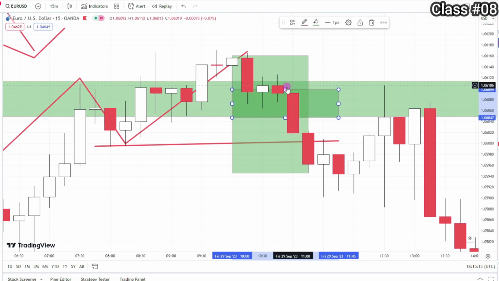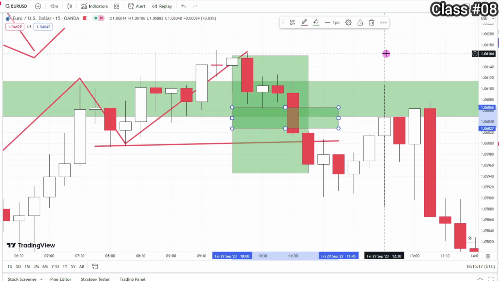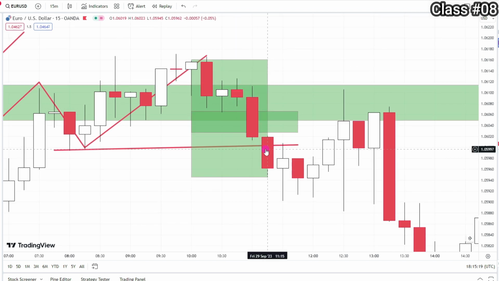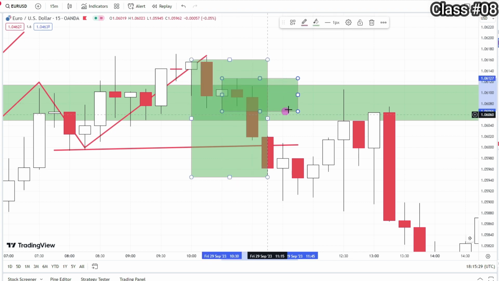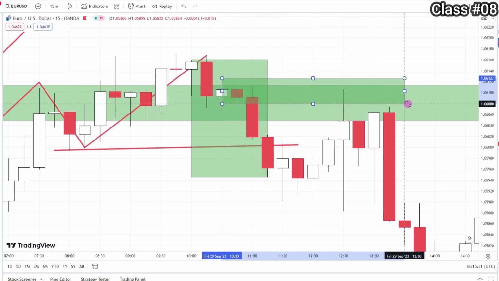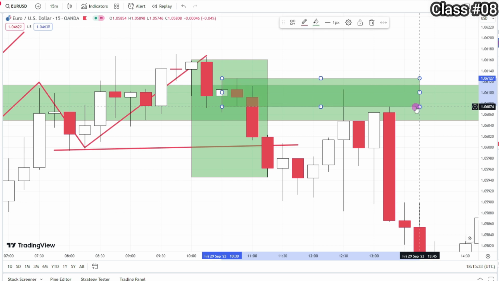So this is our highest imbalance zone, between this candle and this candle. So what we need to do is mark our selling zone in the range of the first candle. So this is our first candle, so we'll mark our selling zone.